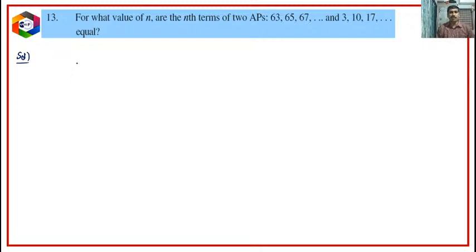So first I am going to write the first arithmetic progression, AP 1. What is arithmetic progression 1? That is 63, 65, 67 and so on. Another AP is also given, arithmetic progression 2.